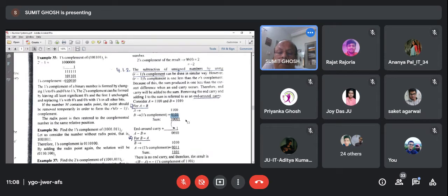Now add them up. I get 10001. In the 2's complement method, we discarded the carry. In the 1's complement method, we have to take the carry out and add it with the remaining part.